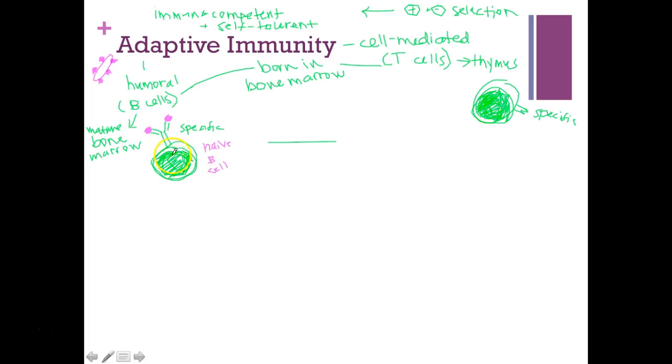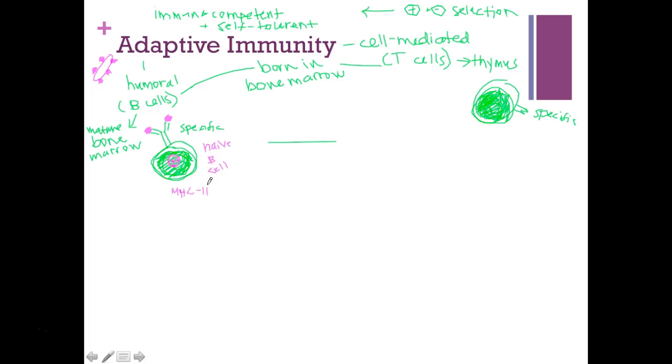So it comes in through a vesicle, and it has a molecule in here called an MHC molecule. There's two different types.